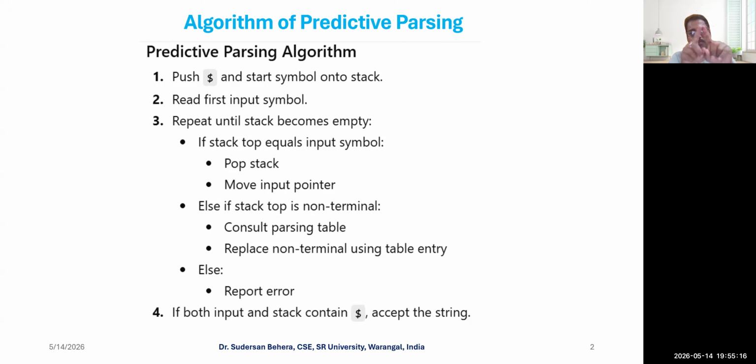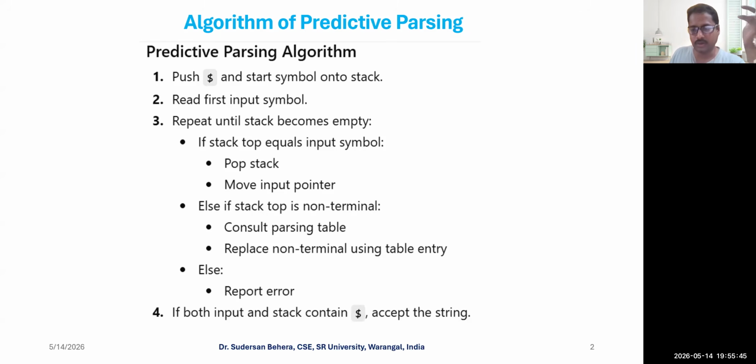If both the symbols match, small x equals small x, then fine. The parser goes ahead. It scans the second input symbol, and simultaneously it pops the stack, and once it pops, the next symbol becomes the top of the stack. It points again to the top of the stack, then it performs the same thing.